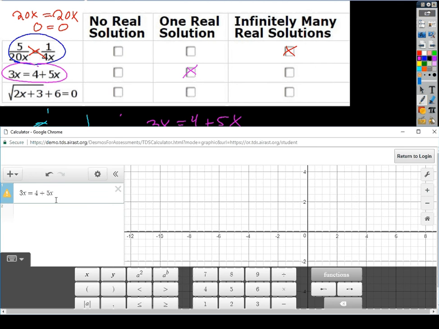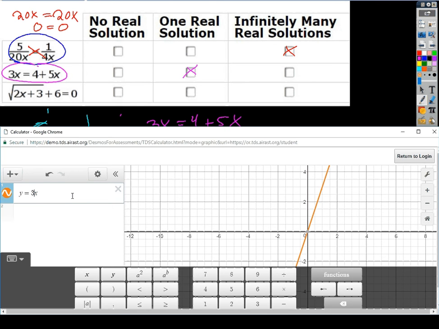But it really isn't that much tougher to do this the other way. If we're trying to find the solution to an equation graphically, what was our strategy? Like if we're trying to solve 3x equals 4 plus 5x, how did we always do that? We did a lot of problems in class like that. So yeah, we graph the left side. So y equals 3x.